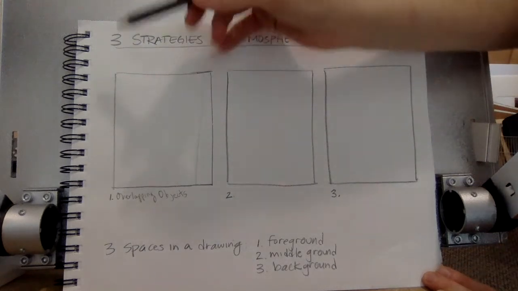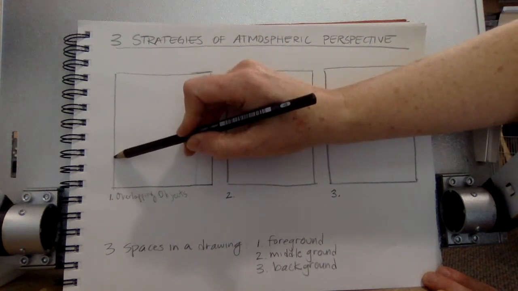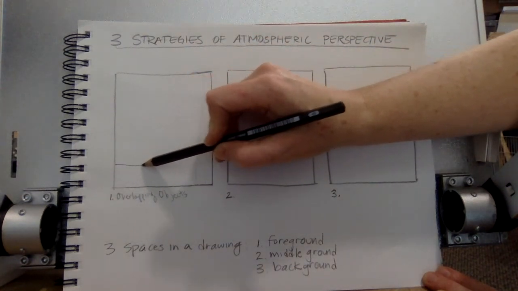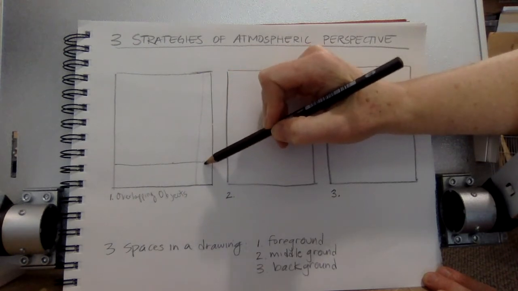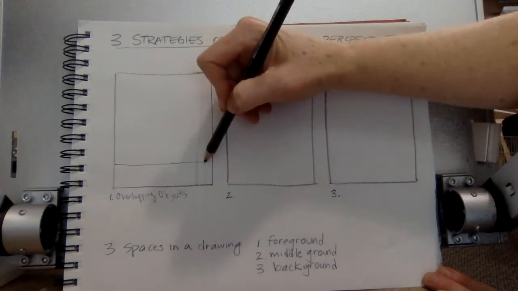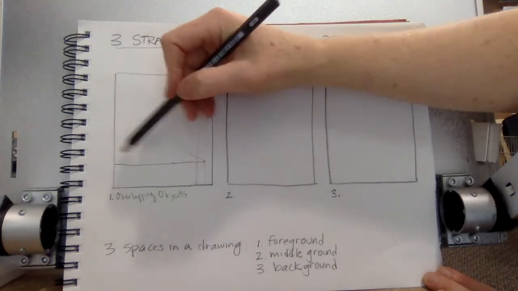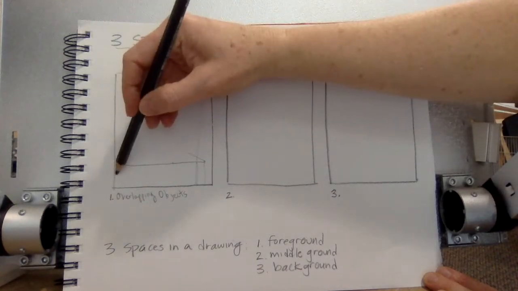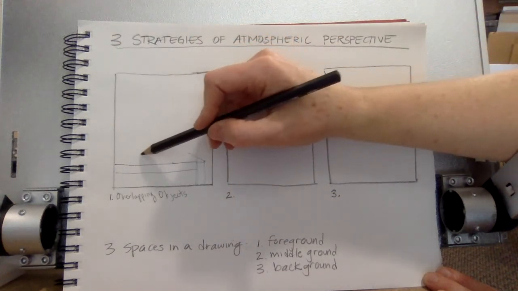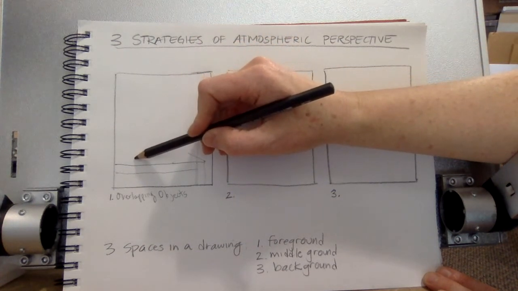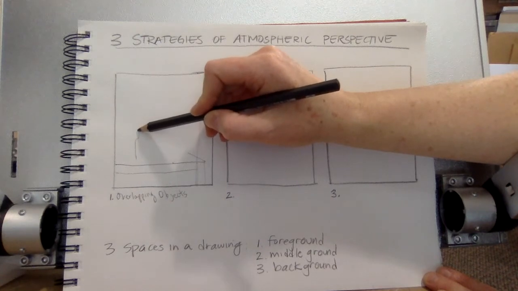My example for this might be a table. There's a tabletop, and sitting on the table surface might be some objects like a wine bottle.